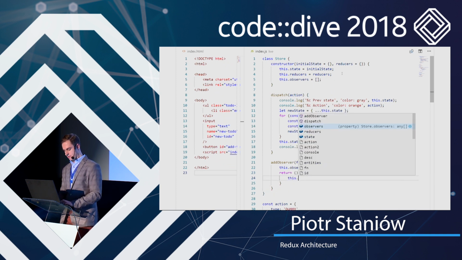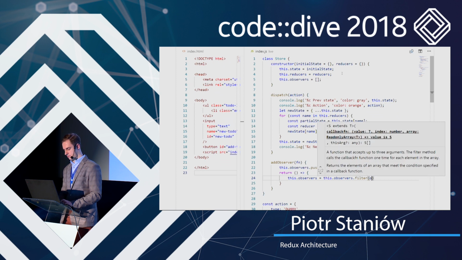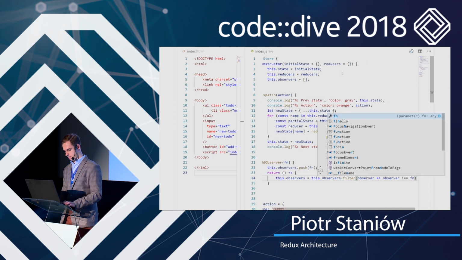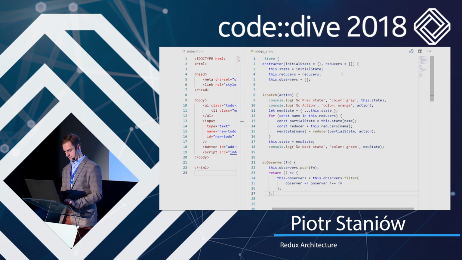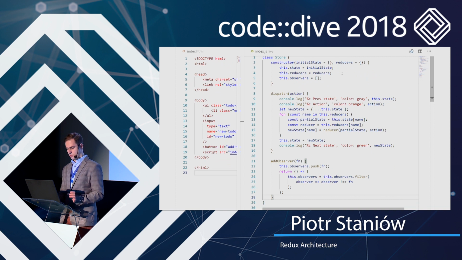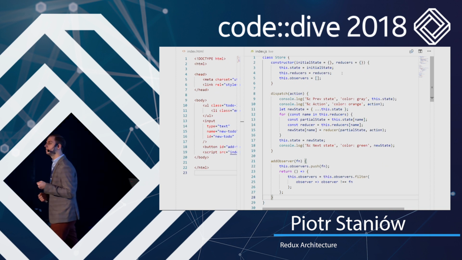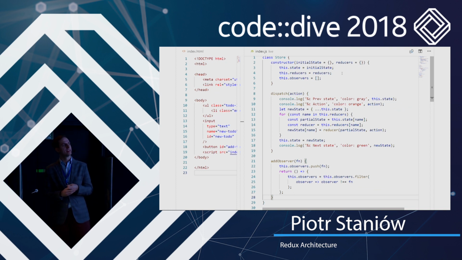All it does, it reassigns observers to not include the just added function. And we have the possibility to add an observer. What is an observer? Well, it is just a function. Just simple as that.